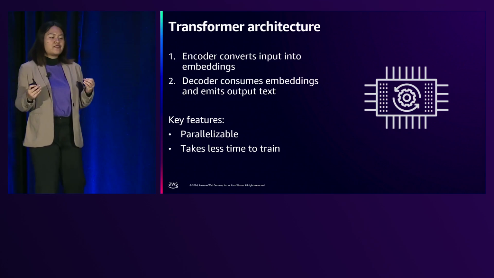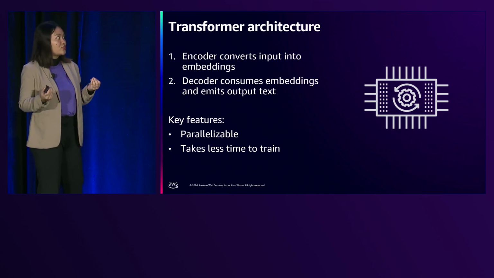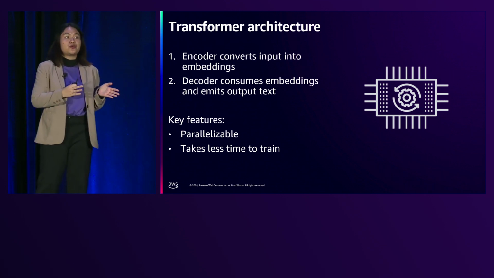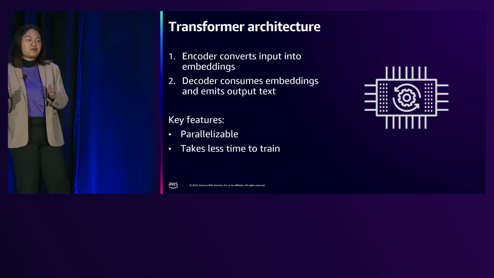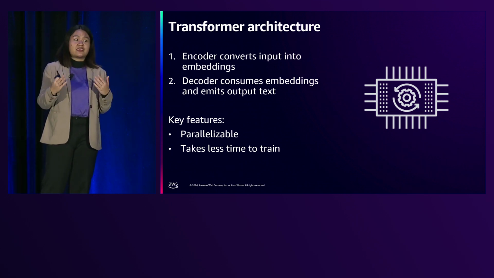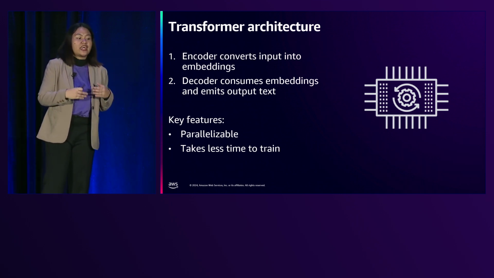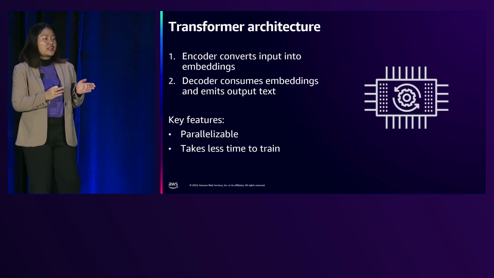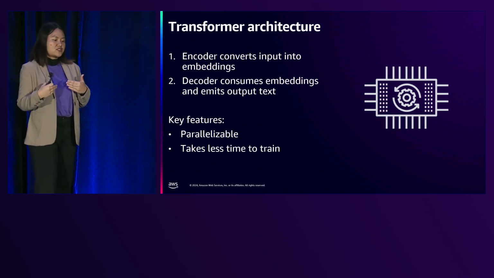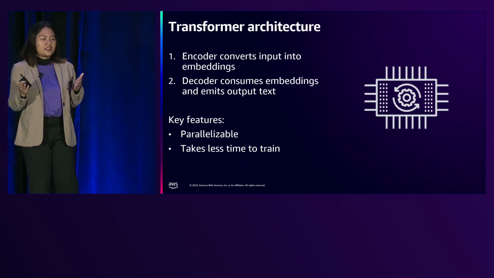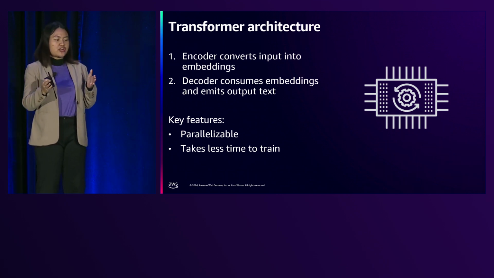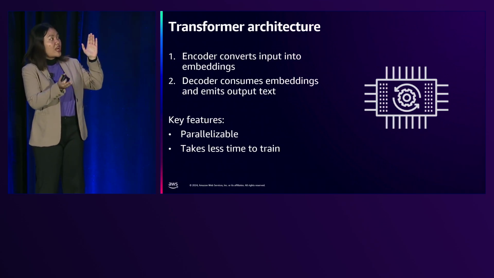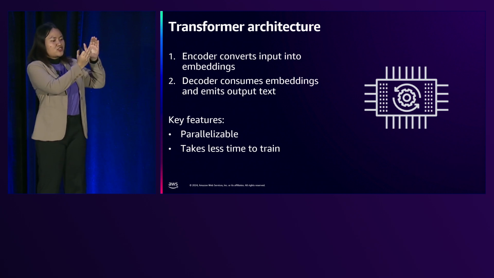Every time you input something into your large language model, your text is going to be converted into a number, because the computer understands numbers rather than text. Once it's converted into a number, inside of your transformer architecture, it will take a look inside of your data set which text or word is similar to one another.